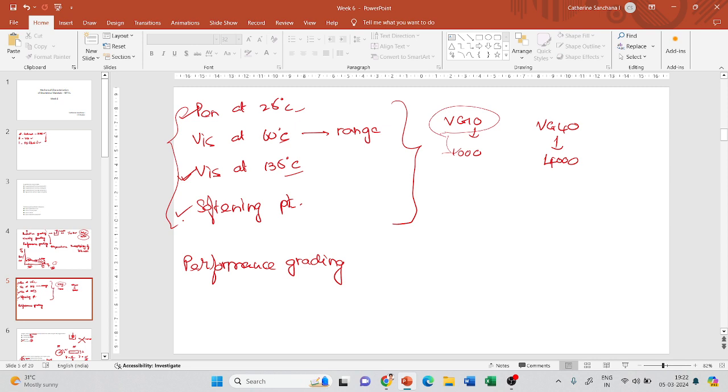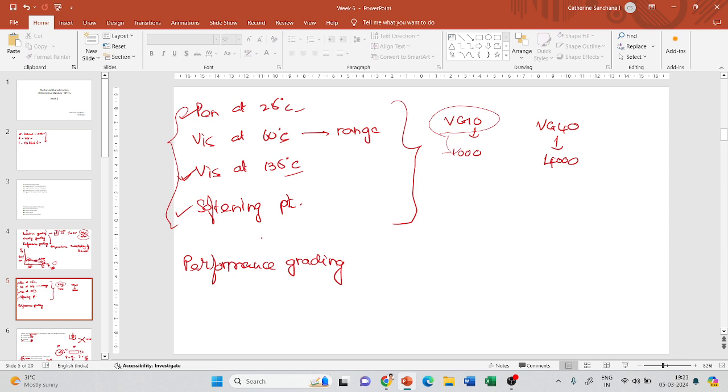And one more thing, the most important thing, is that the temperature of the place may be 70 degrees Celsius, but I'm identifying bitumen based on tests conducted at 25 degrees Celsius or 60 degrees Celsius. It is going to be subjected to a range of temperatures, right?